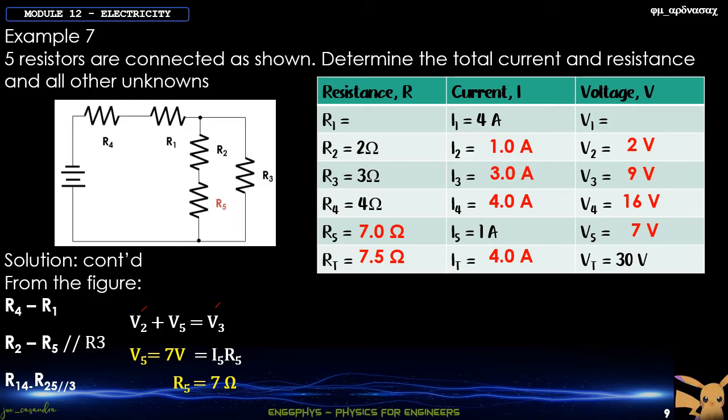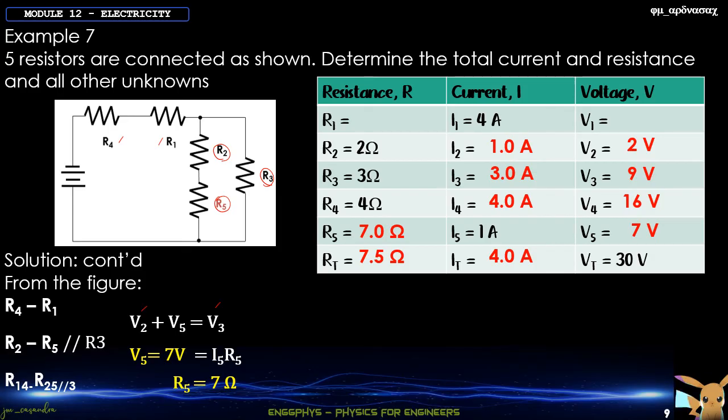So for V1, okay, we already know that the total voltage is 30 volts and that will now be equivalent to the combination of, so the total voltage will be equal to the voltage of 4, voltage of 1, and the combination of R2, R5, and R3.